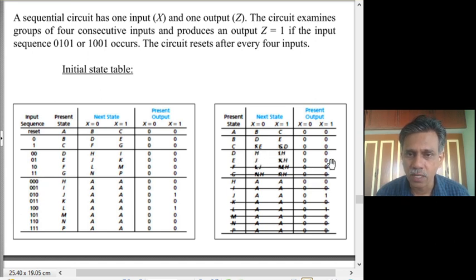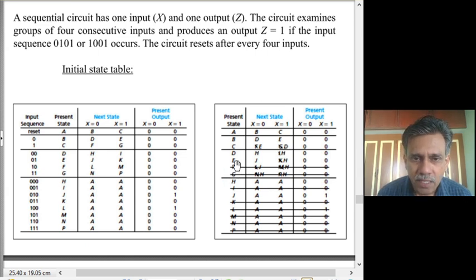Here the outputs are the same, so you don't need to worry about the output condition. D goes to H and H. Similarly, G also goes to H and H after relabeling, which means D and G are equivalent. Therefore, again retaining the chronological first occurrence D, remove G, and wherever G occurs, you replace it by D.